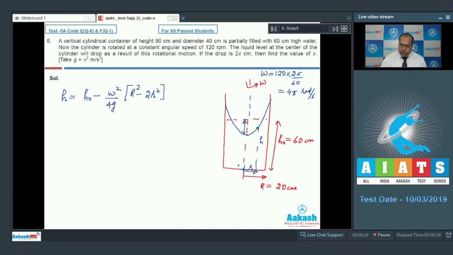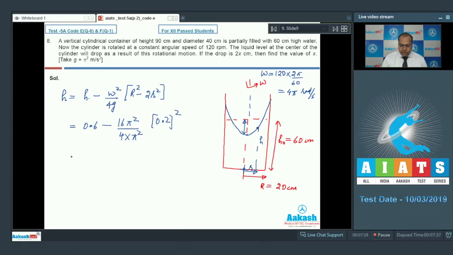So I have to find the height of the liquid when r is equal to 0. The value of h naught is given, 60 centimeter, that is 0.6 meter, minus omega square. The value of omega square is 16 pi square, divided by 4 into g. The value of g is pi square, into, when small r is equal to 0, this expression is capital R square, so the value of capital R is 0.2, its square.